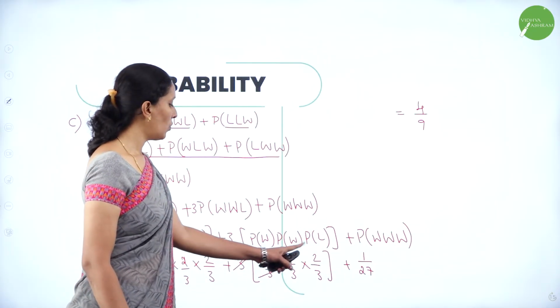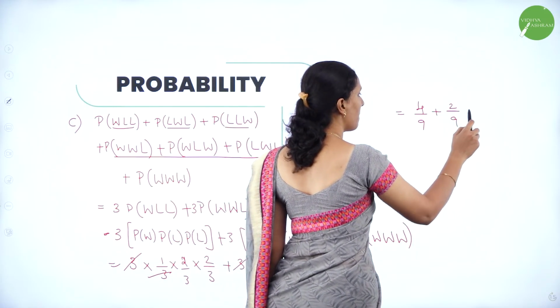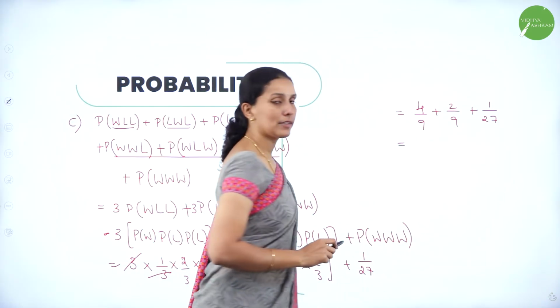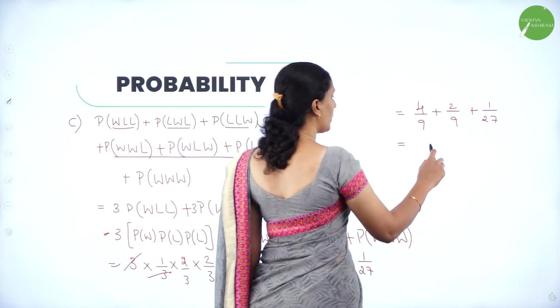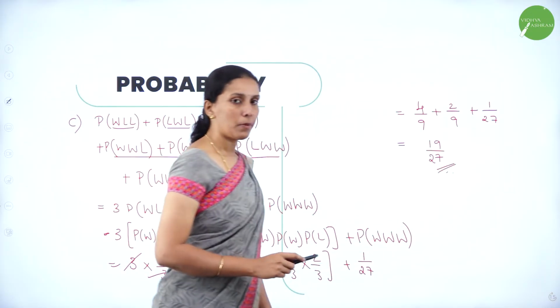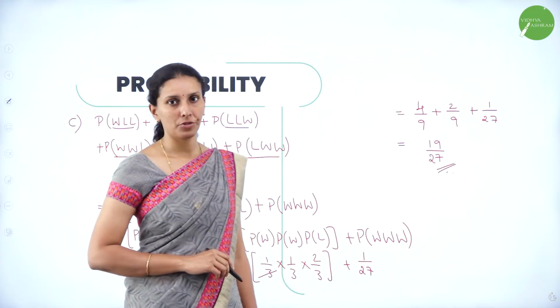Next, 2 1s are 2, 3 3s are 9, so 2 by 9, plus 1 by 27. On solving this, we get 19 divided by 27. So this is the probability of India winning at least 1 match.